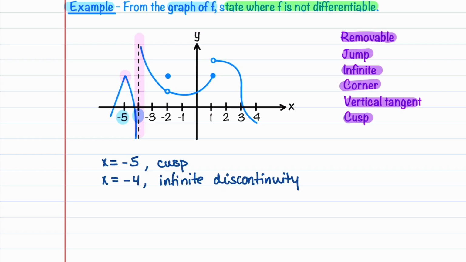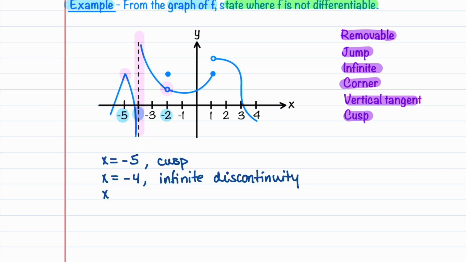Now let's look at the next point. That point is going to be -2, and at that point, we have a removable discontinuity. So our function is not continuous, and that means that our function is not differentiable. So we'll write down x is equal to -2. We have a removable discontinuity.